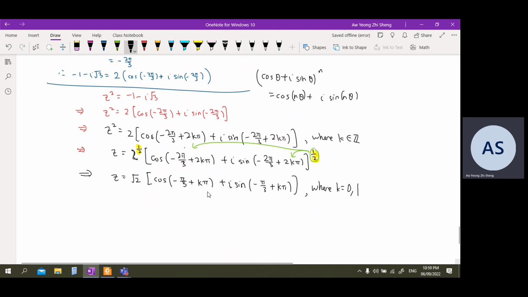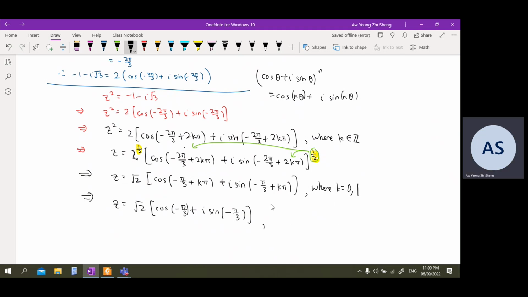Yeah, so now it's time to sub in your k to get your two solutions. When I sub in k equals 0, I have 2 cos of minus pi over 3 plus I sine of minus pi over 3.